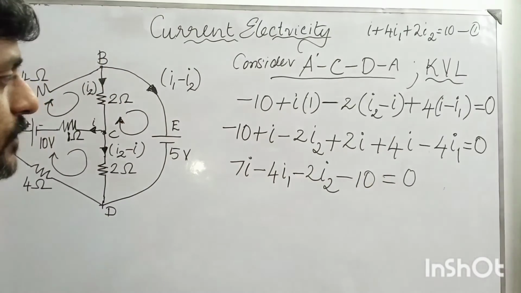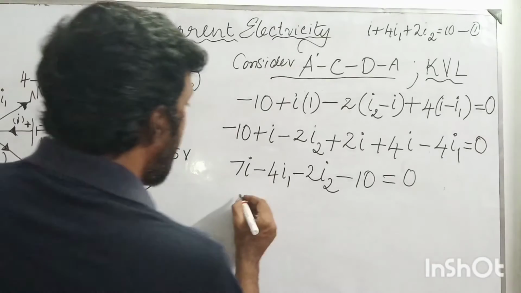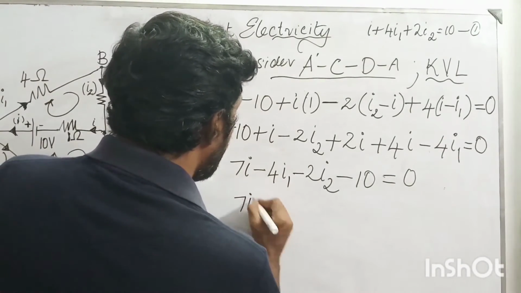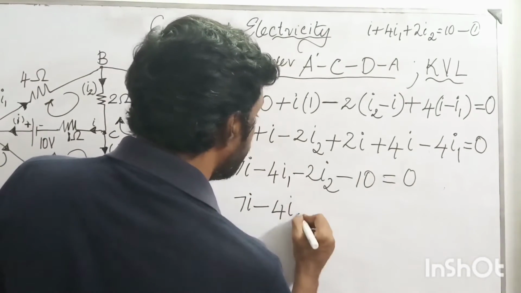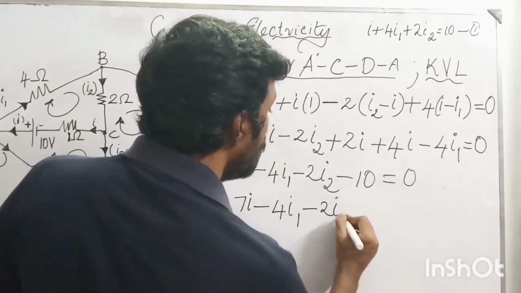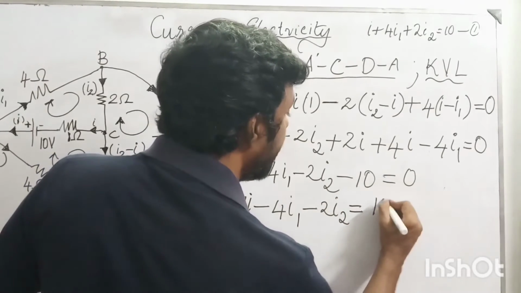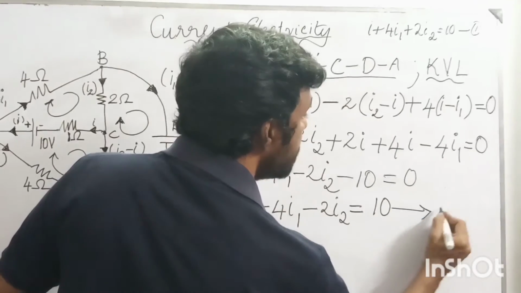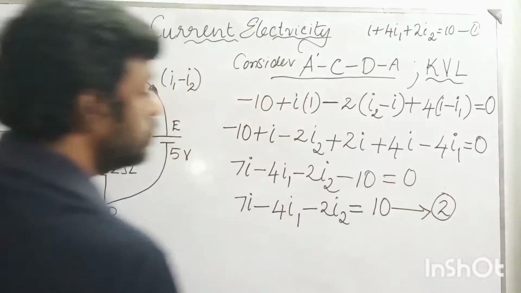This is how the equation will be formed. Now I am putting 7I minus 4I1 minus 2I2 is equal to 10, and I am naming this equation as equation number 2.